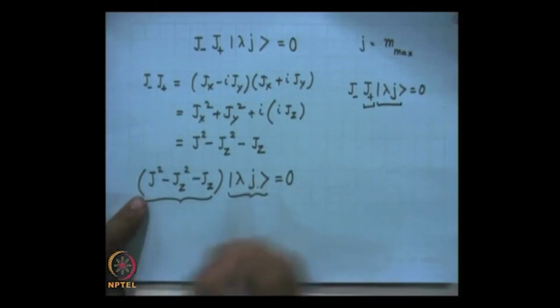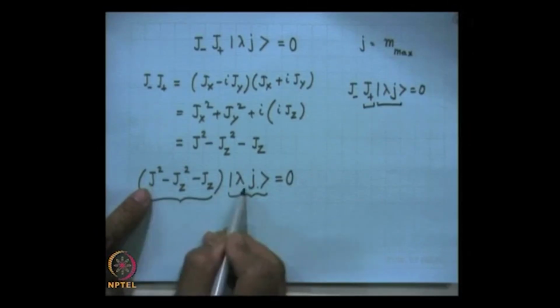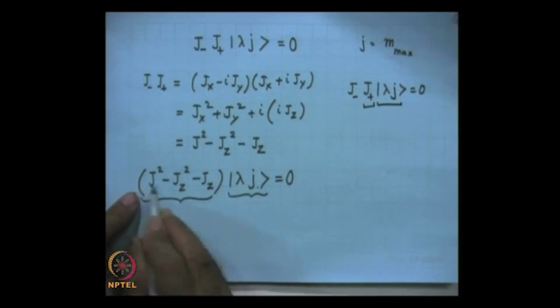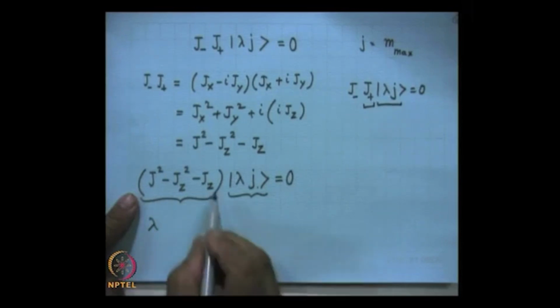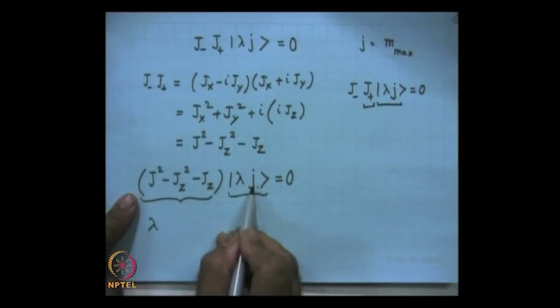Now, this is an eigenket of J square. So, J square operating on that gives lambda, and the eigenvalue of Jz is j.